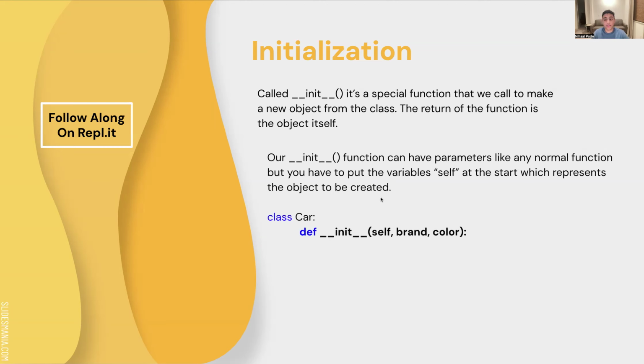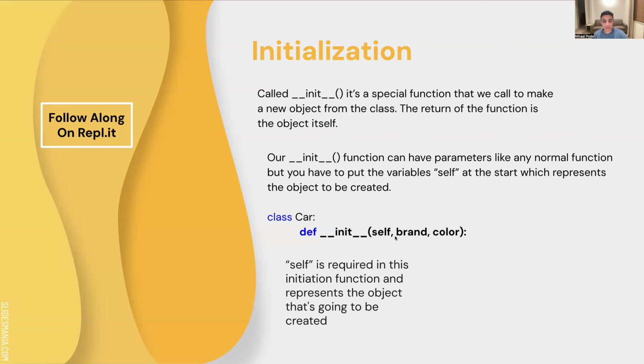Our init function can have parameters like any normal function, but you have to put the variable self at the start, which represents the object to be created. So class Car, and then def init(self, brand, color). The self is required in this initialization function and represents the object that's essentially going to be created. And the parameters are brand and color, which are called, as you should remember, attributes.